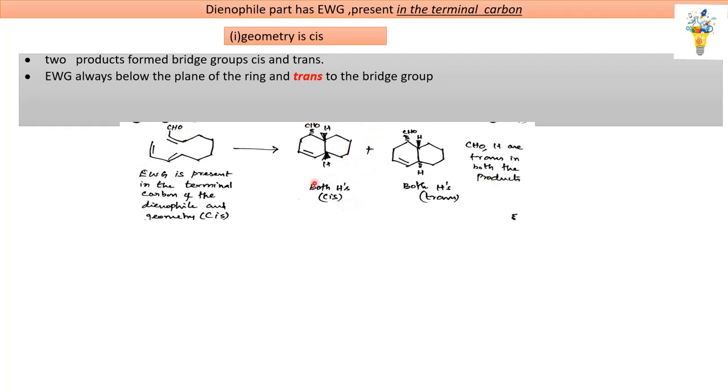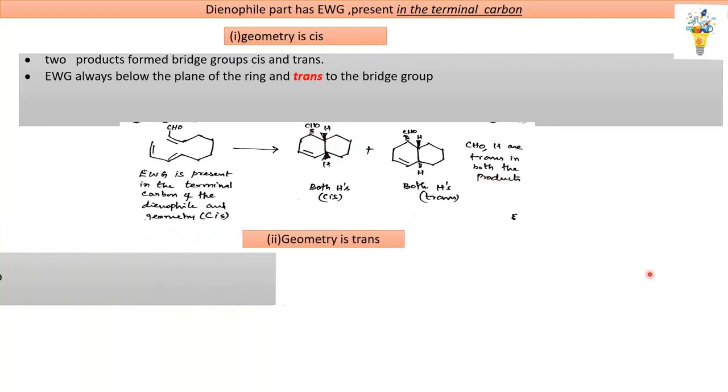Here the bridge groups are cis and there the bridge groups are trans. But the CH2 and hydrogen are in the trans position, one below the plane and one above the plane. So the terminal bridge group is always below the plane, and the bridge groups are trans to each other.